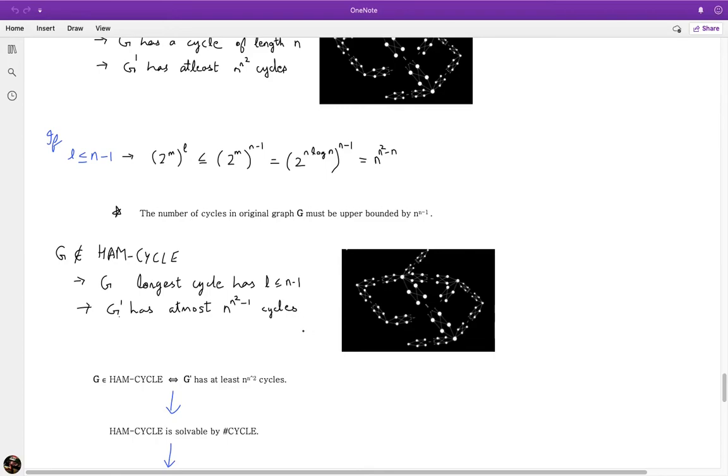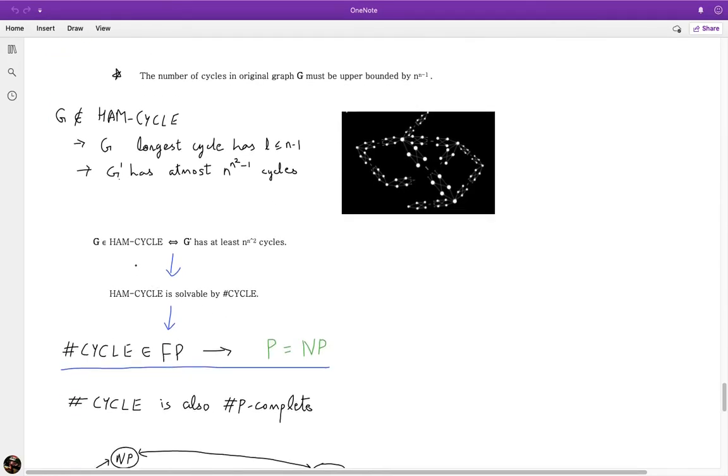So we can say now that G belongs to Hamiltonian cycle if and only if G' has at least n^(n^2) cycles. Now this implies that the Hamiltonian cycle is solvable by #cycle.